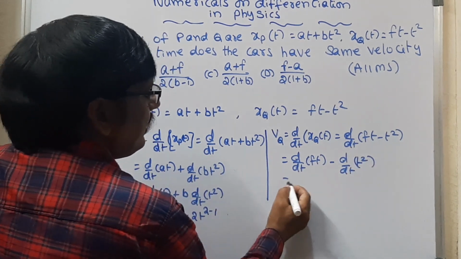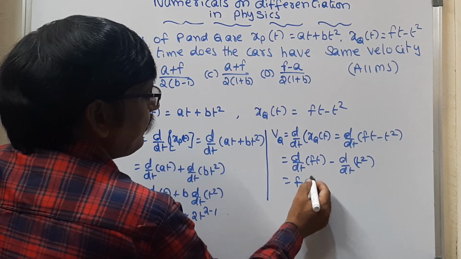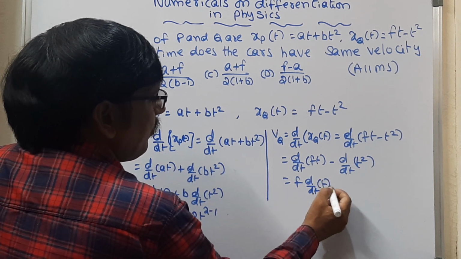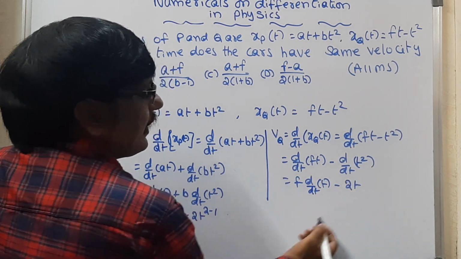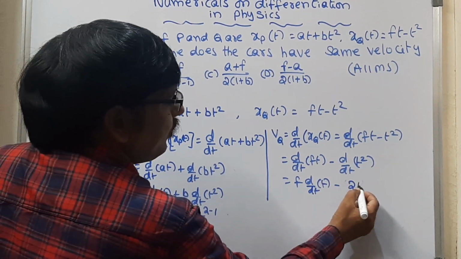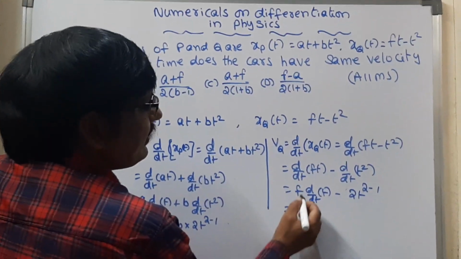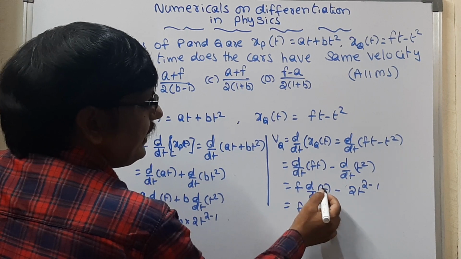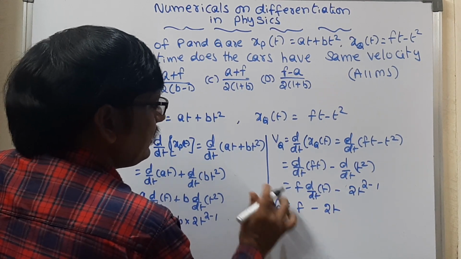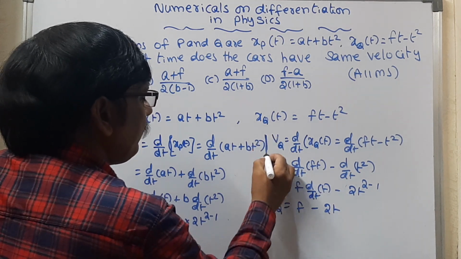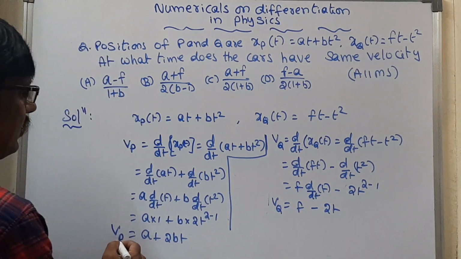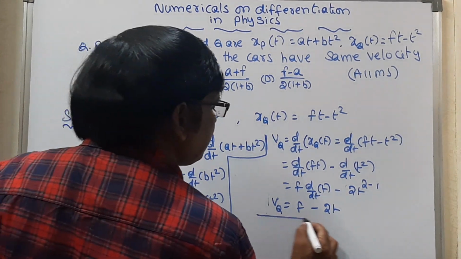Here f is the constant, so f into dt by dt, which is 1, minus 2t, because 2 into t power 2 minus 1. So we get f minus 2t. This is the velocity of the q car. So up to this part is one segment completed.